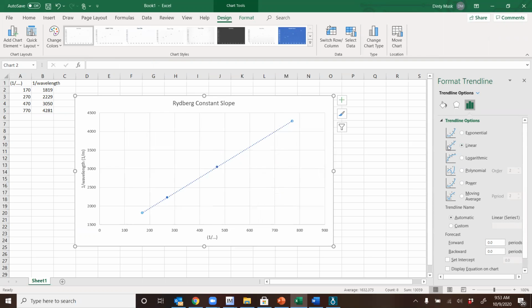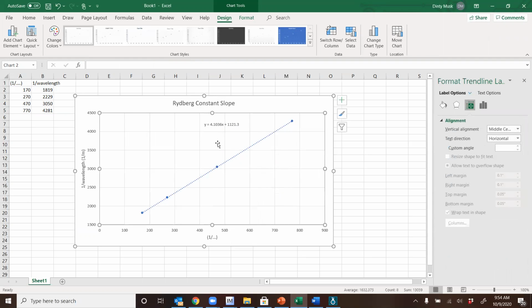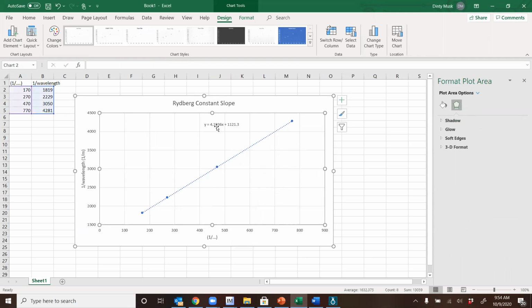So it picks linear as the type of graph. And then after that, we can display the equation of that line on our chart. So there's our equation of the line in the form y equals mx plus b. So if we had plotted our Rydberg data in the x-axis and 1 over wavelength in the y-axis, that m, that slope value, would be the value of the Rydberg constant that we would have.